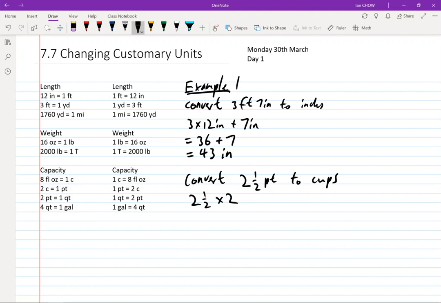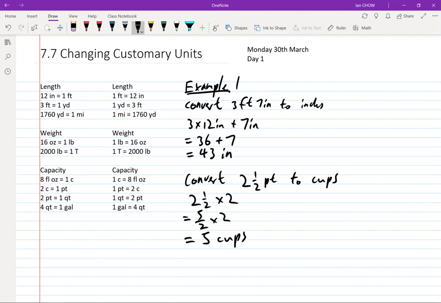We need to change this into an improper fraction, so that's 5 over 2 times 2, which will be equal to 5 cups in the end. So that's how we can convert from one unit to another.